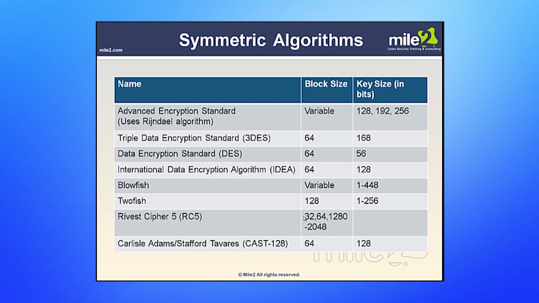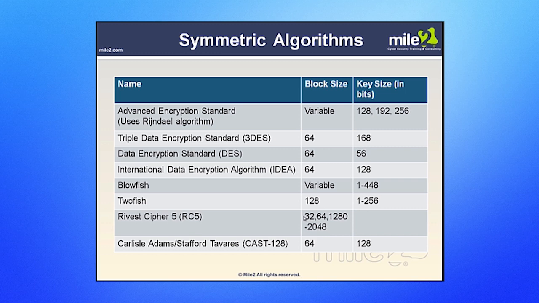As far as some of the popular symmetric algorithms, we started out early on with DES, and you can see it's a 64-bit block size, a 56-bit key. And then there was a jump to triple DES. Triple DES is still using the same block size, but it's doing the operation 3 times, so it makes it more secure.